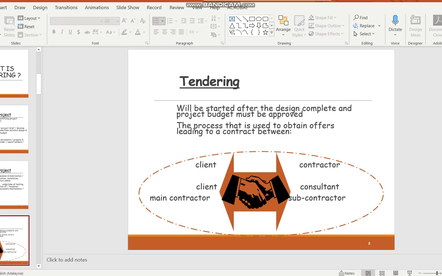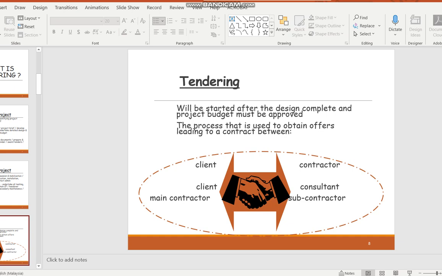Normally there will be some form of design ready, technical documents have to be ready, and then you want to obtain their offer, and the offer has to be based on some form of budget that has been approved and a concept that has been there. It can also start as early as design, before the design is completed, depending on the procurement strategy and the contract type.